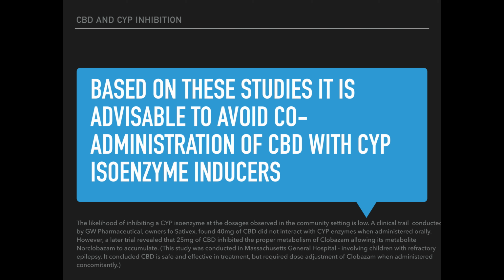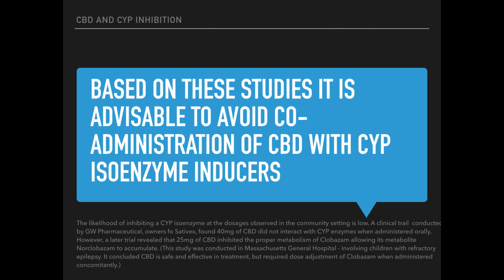But it's just worth noticing that GW Pharmaceuticals, who are the owners of Sativex, and I think the UK government have just commissioned them for supply of their cannabis therapeutics, for lack of a better description, found that 40 milligrams of CBD did not interact with CYP enzymes and its isoenzymes when administered orally.